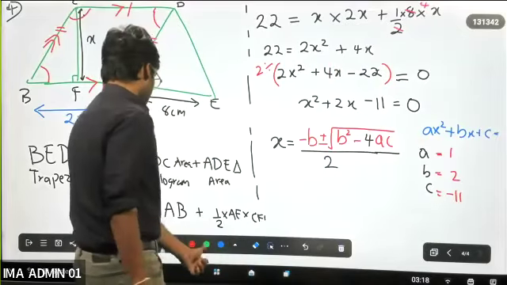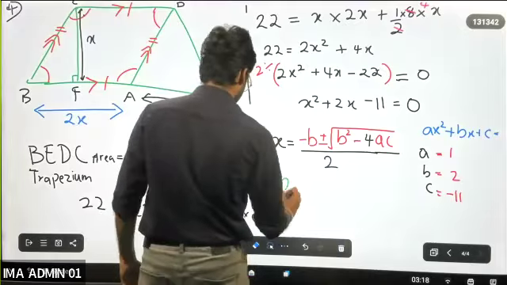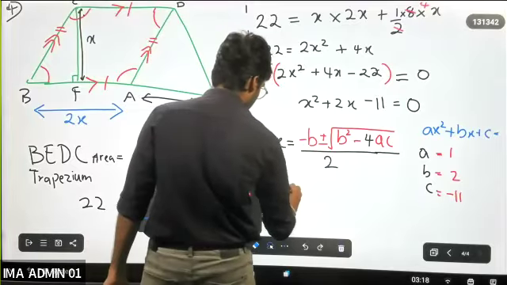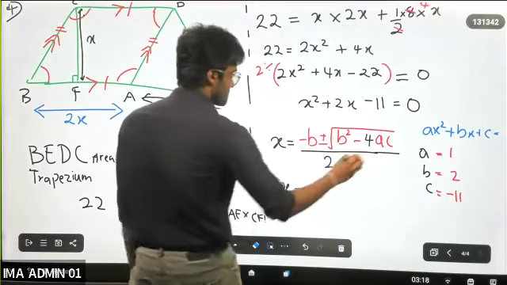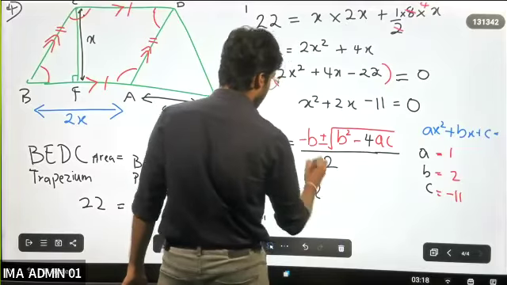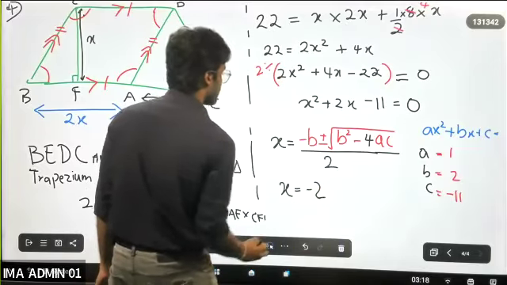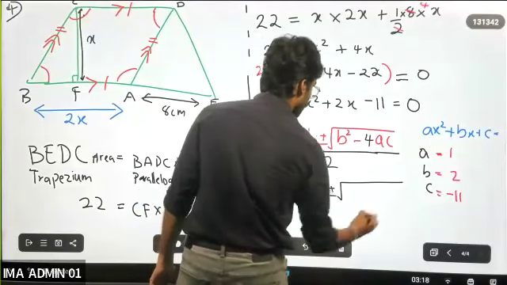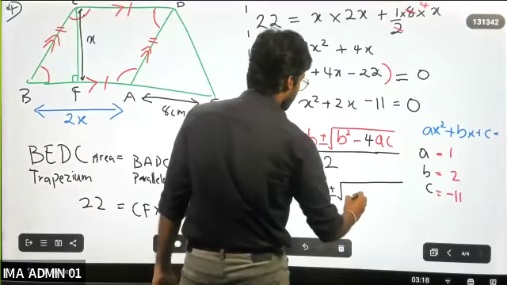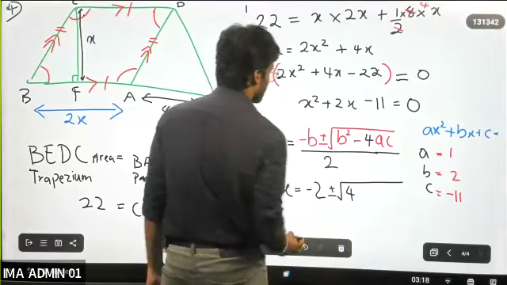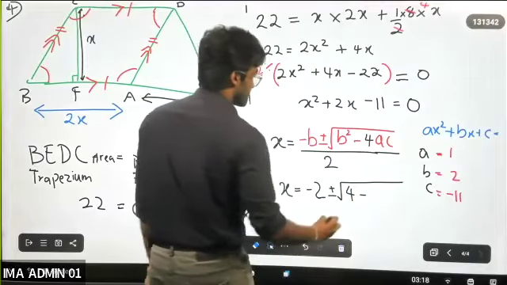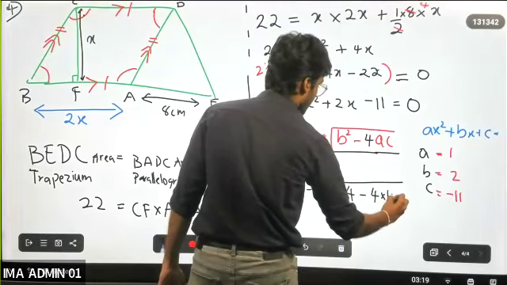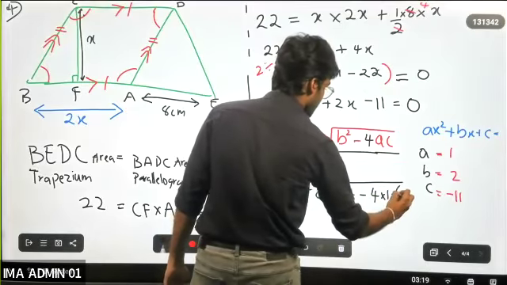Right? Now I have to simply add these values to my formula. So b is 2, and because there's a minus b, it comes as -2. Then plus or minus comes the same as above, and there is this square root. B squared, it's 4. I write 4 straight away. Minus 4 times a, which is 1, and c is -11.